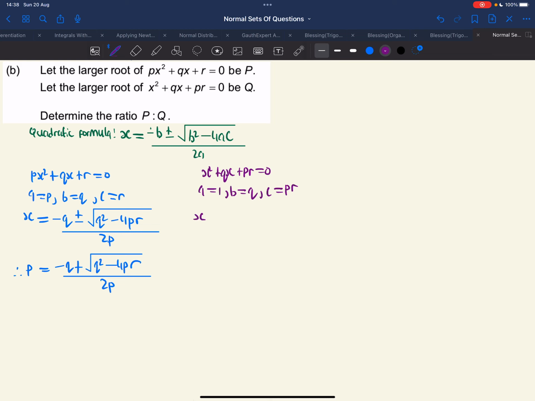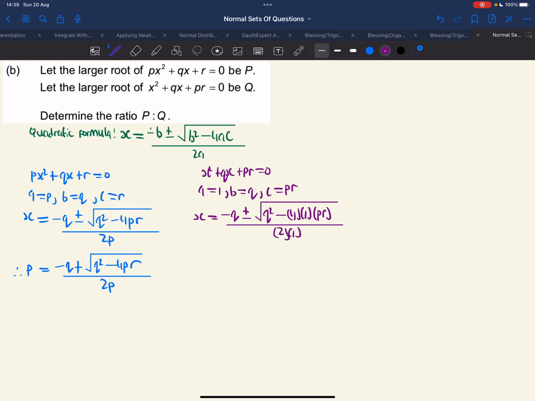Then x equals minus q plus minus square root of q squared minus 4 times 1 times pr, all over 2 times 1.